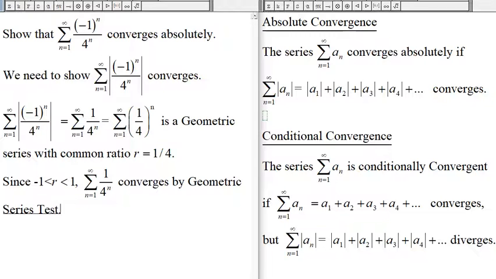Recall that the geometric series test says that if the common ratio is between negative 1 and 1, then the series converges.